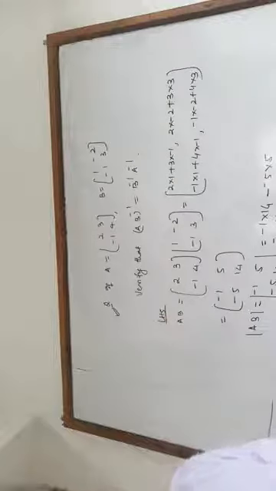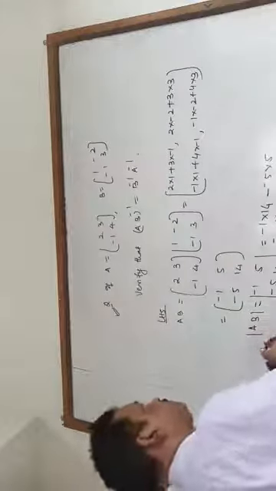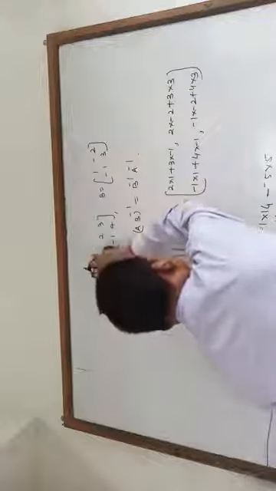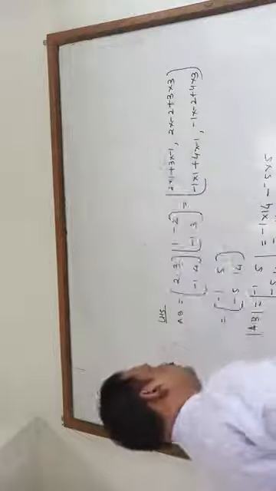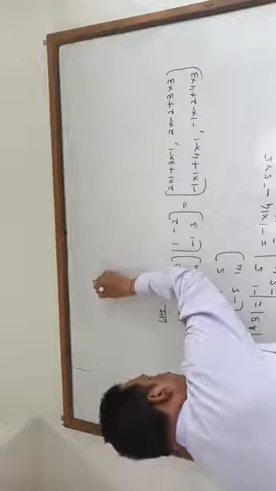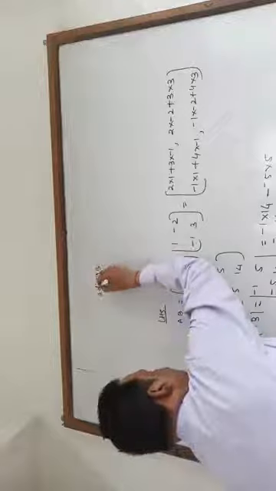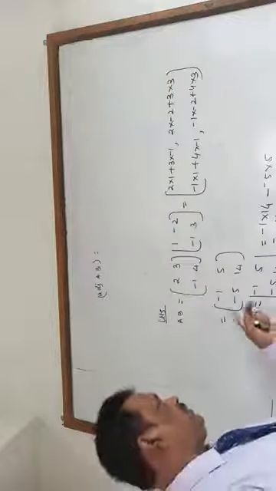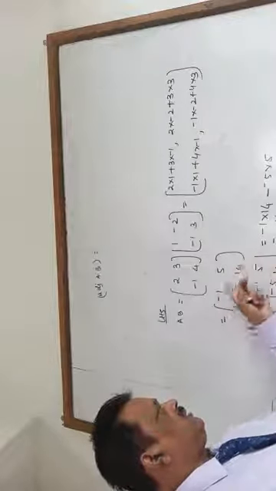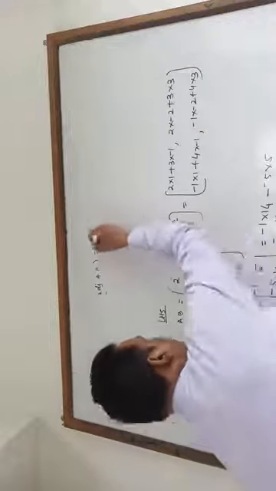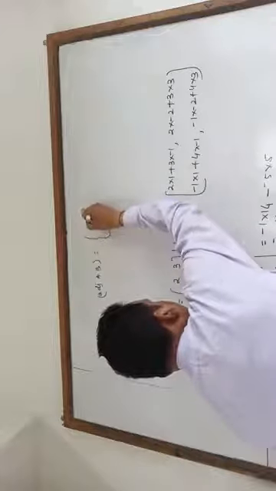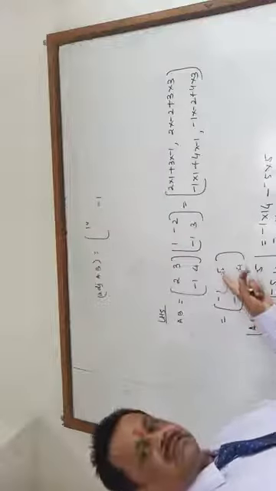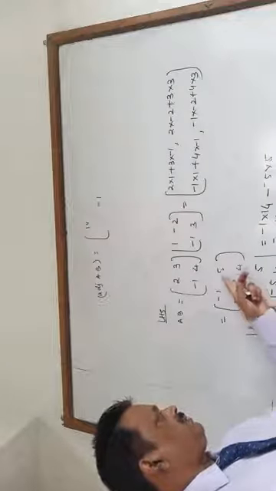Now the adjoint of AB. I told you to find the adjoint, what you do? Interchange these two places. So it will be 14, minus 1. Sign changes means this will be plus, this will be minus.